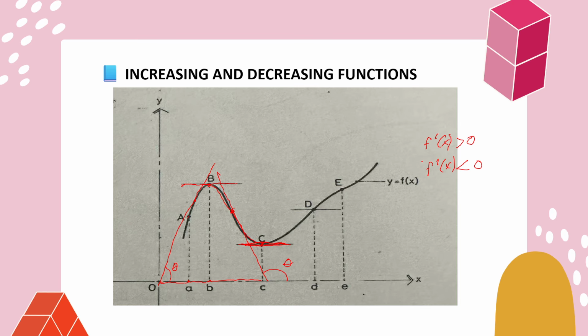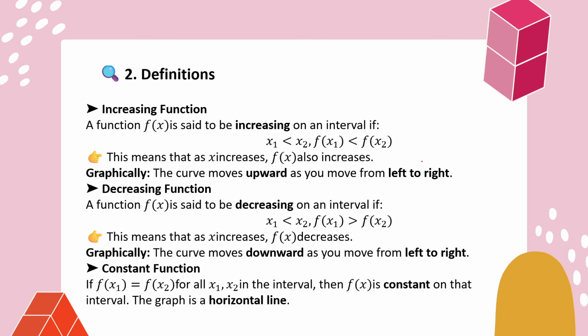So let us have the definition. A function f of x is said to be increasing in the interval if, when x sub 1 is lesser than x sub 2, the function at x sub 1 is lesser than the function at x sub 2.